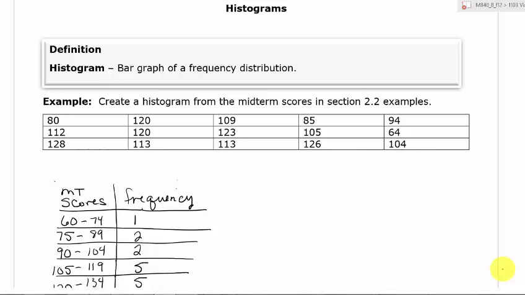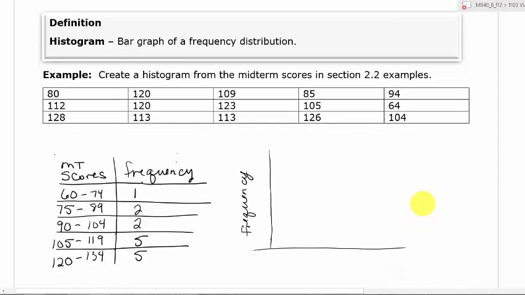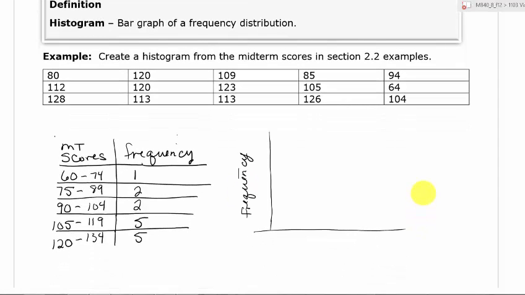On the histogram, along the vertical edge, we're going to have our frequencies. And along the horizontal edge, you can do this in one of two ways. You can either mark these with the class midpoints or the class boundaries.